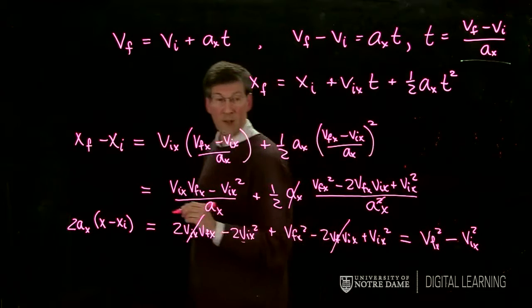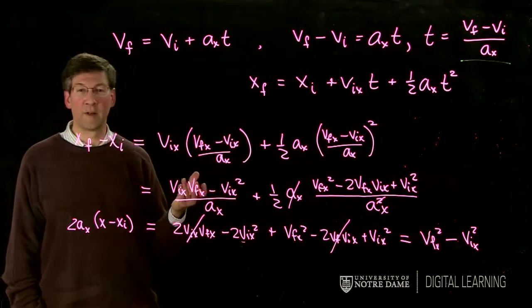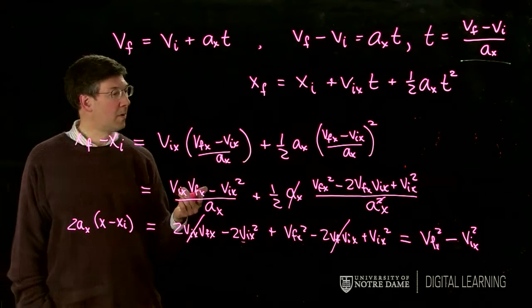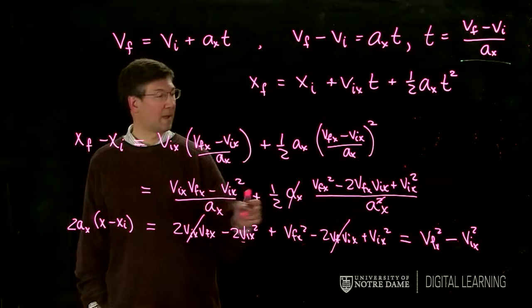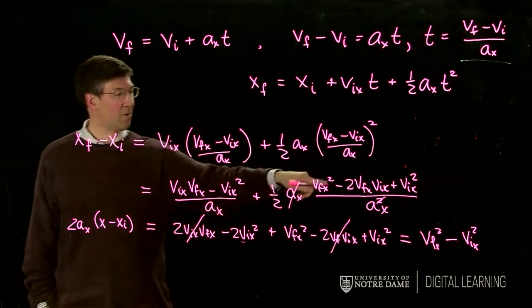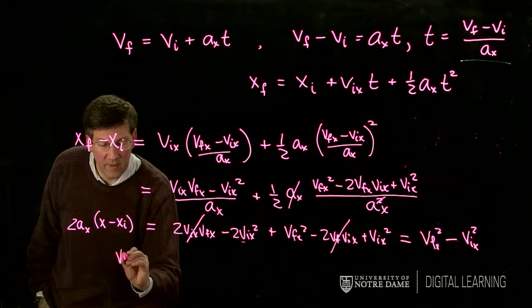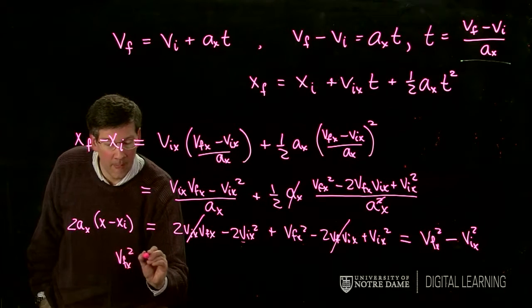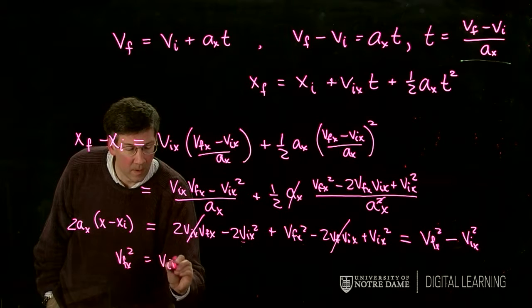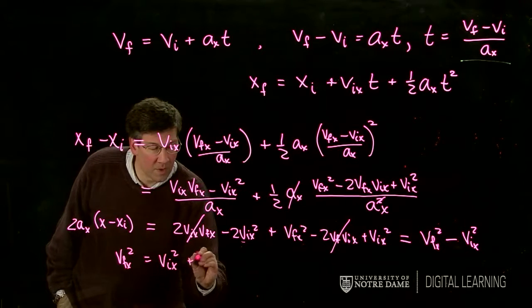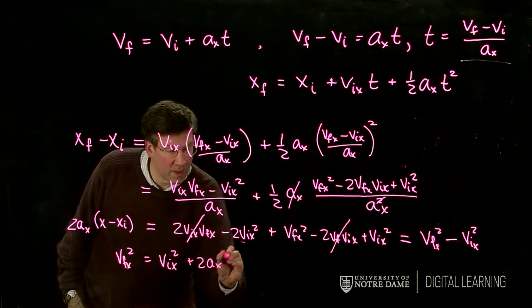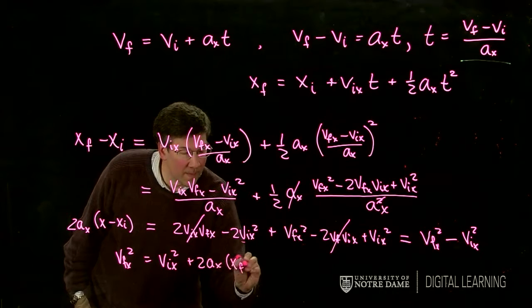This leads us directly to our third kinematic equation after all this algebra. If I'm interested in the final velocity, I can rearrange terms and move v initial squared to the other side of this equation. And I can write v final squared is equal to v initial squared plus twice the acceleration times the displacement.